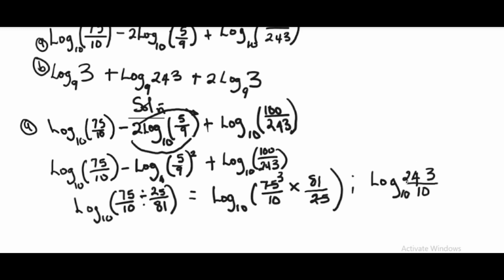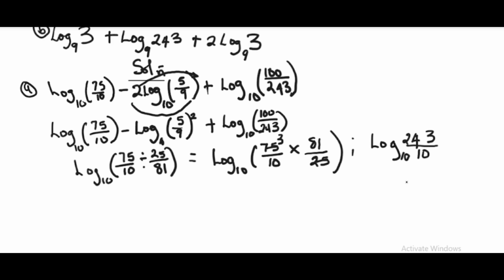All right. So now we bring in the third term. So we have the log in base 10 of 243 over 10. The plus sign means we will multiply. Recall what I said earlier when we were treating the laws, the first law: you can have questions on addition and you will have to change it to multiplication.